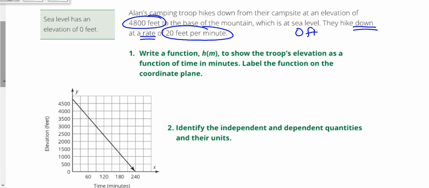So we need to write a function h of m to show the troop's elevation as a function of time in minutes. Okay, so that means height in minutes is equal to, let's put it in function notation. So f of x is equal to mx plus b. M is our slope or our rate, and b is our y-intercept or our starting point.